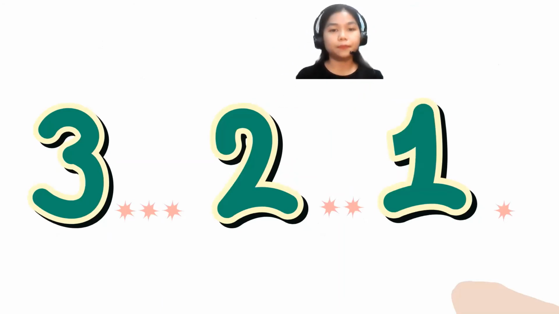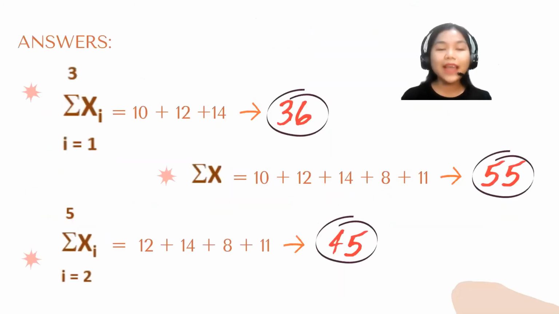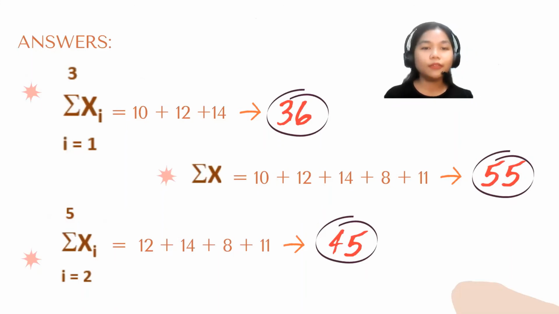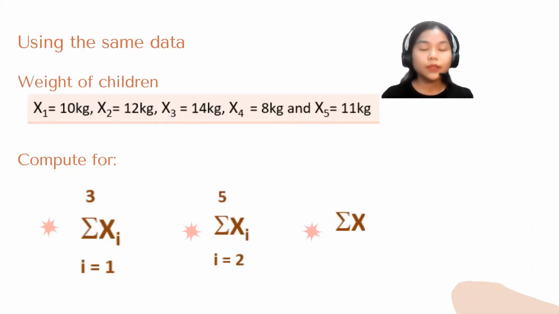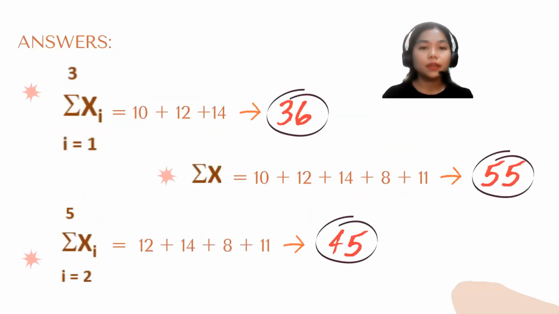Let's try to answer the problem. How do we answer the summation of xi from i equals 1 to 3? Going back to our data, kindly write down that the weight of the first child is 10 kilograms, the second child is 12, the third is 14, the fourth is 8 kilograms, and the fifth is 11 kilograms.